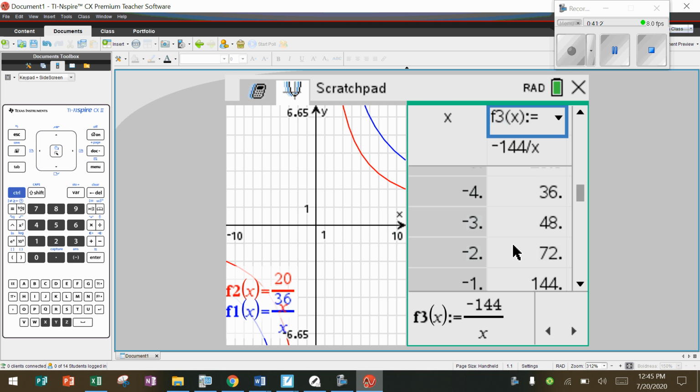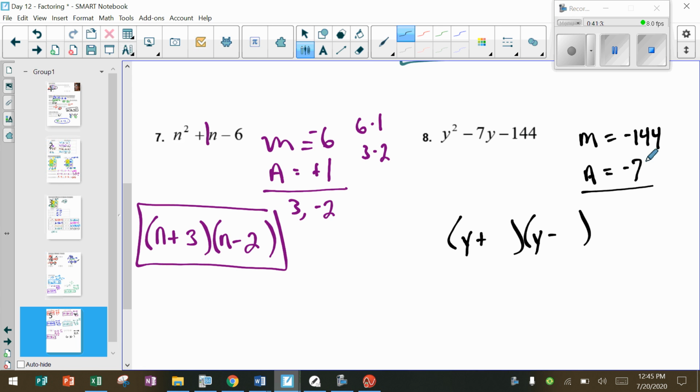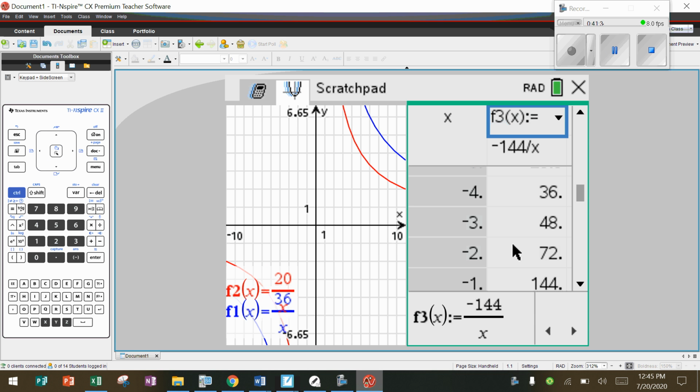We need to find a pair of numbers here that would add up to negative 7. So sifting through my list here, trying to find a pair of numbers that would somehow add to negative 7, the first thing I see is negative 9 and positive 16. Those would make a positive 7.